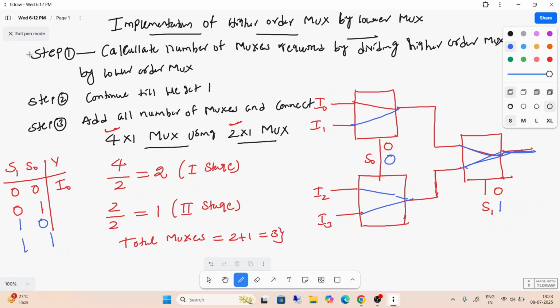These steps you need to follow while implementing higher order MUX by lower order MUX.